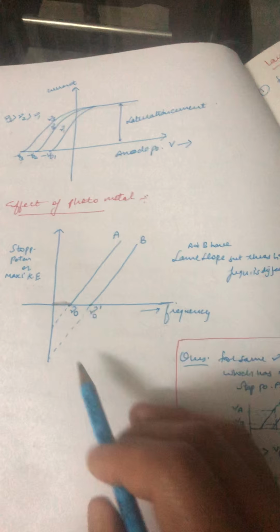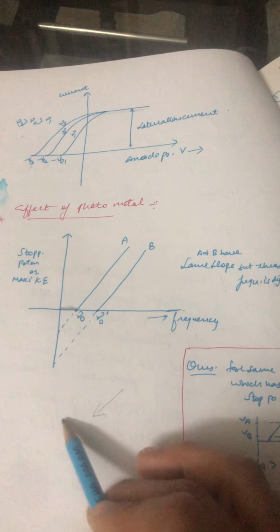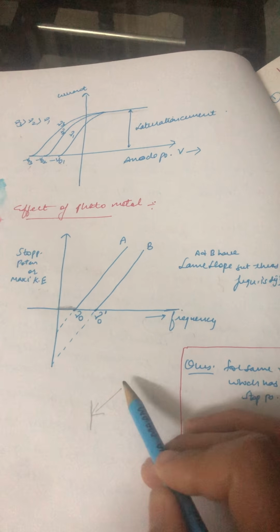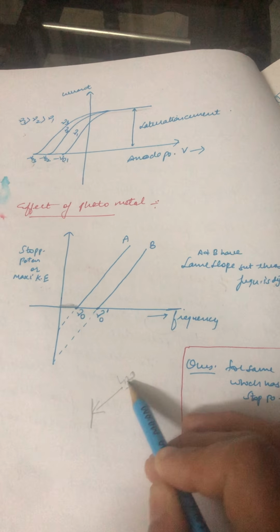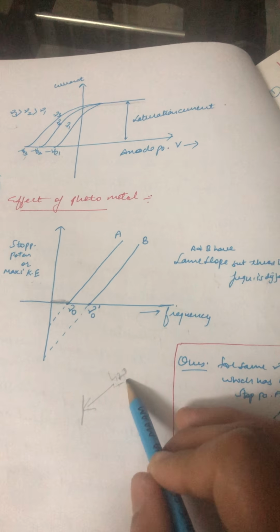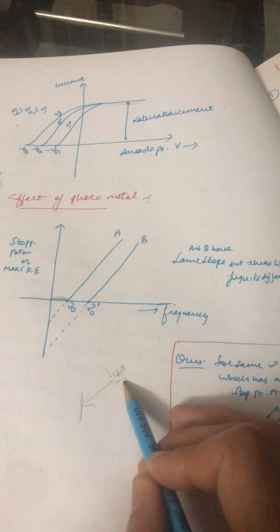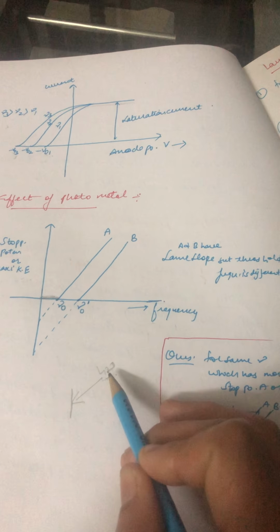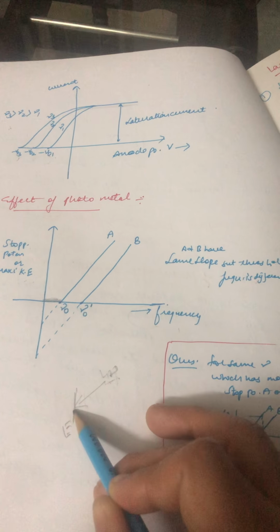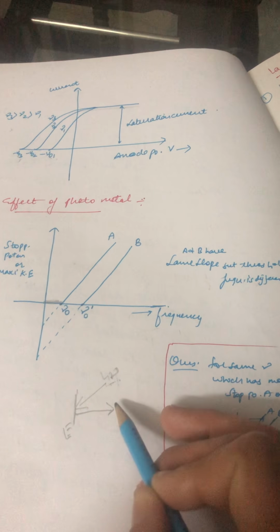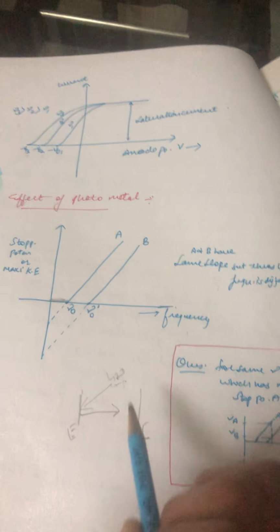It means the light which is falling on that emitter plate must have some energy h nu. Let this be the energy of the incident photon, h nu, which is incident on this emitter plate and makes the electrons go out of this emitter plate toward this collector plate.